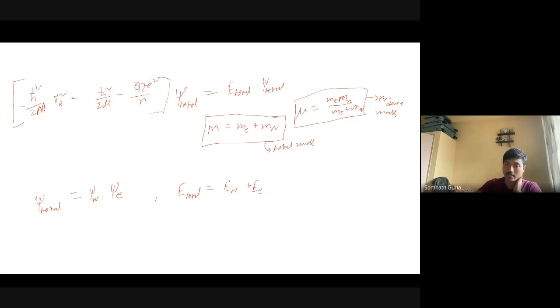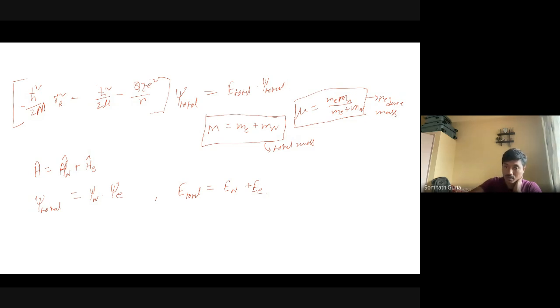We are taking it as an initial guess. Also, my Hamiltonian operator H separates into two terms: the nuclear term plus the Hamiltonian operator for the electron term.